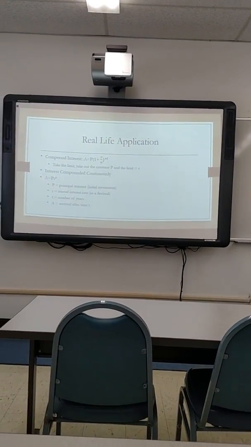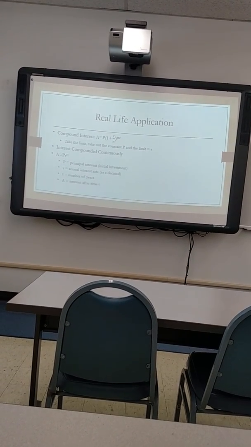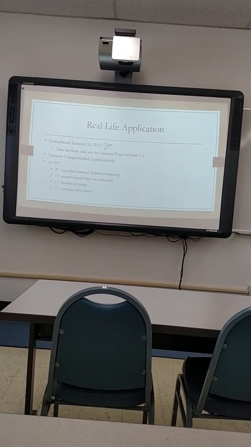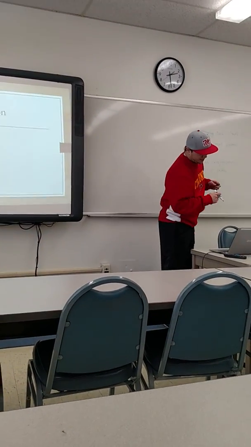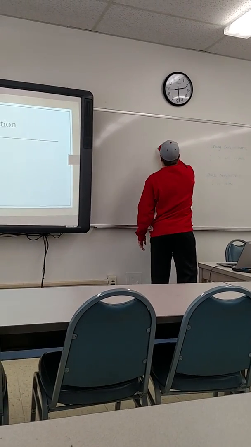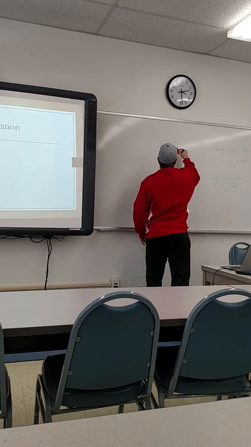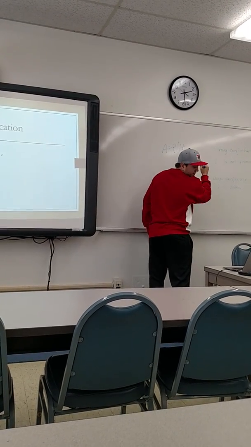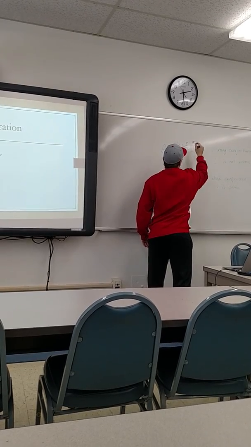So compound interest is something that's pretty well studied in real life, and how you can gain money by investing. Compound interest is A equals P times 1 plus r over n, to the nt.